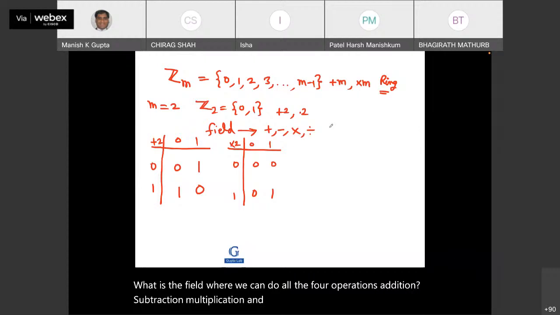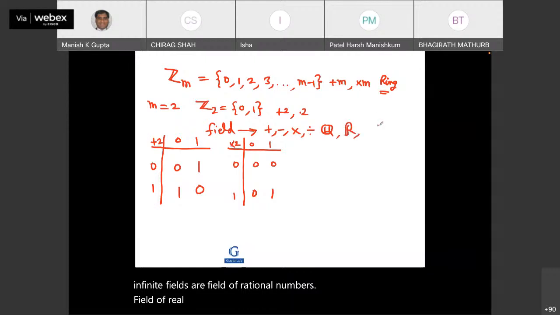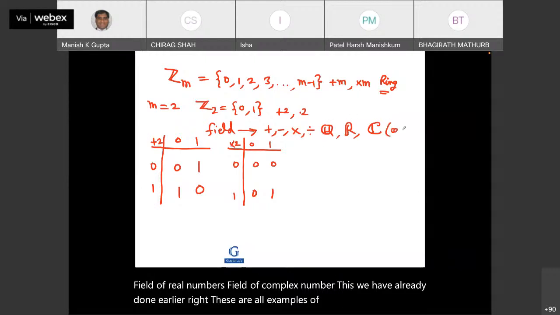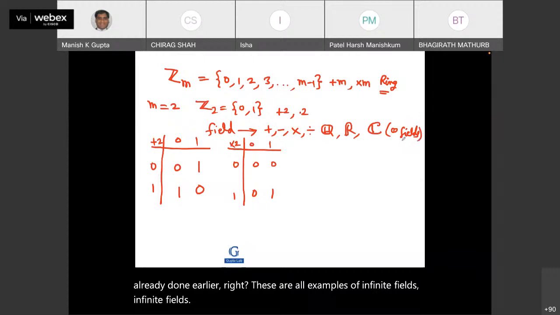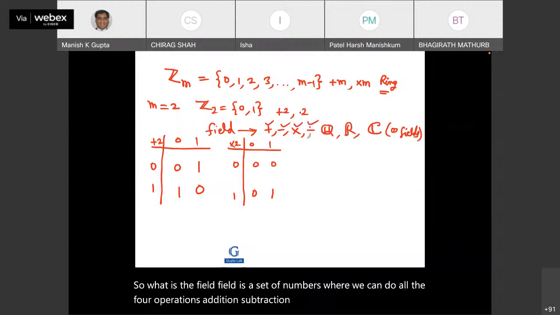Well-known examples of infinite fields are the field of rational numbers, the field of real numbers, and the field of complex numbers. We have already done this earlier. So Q, R, C are well-known examples of infinite fields.